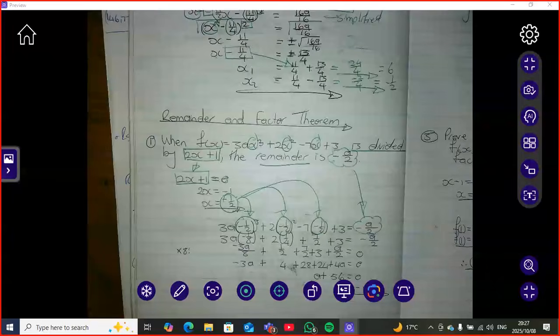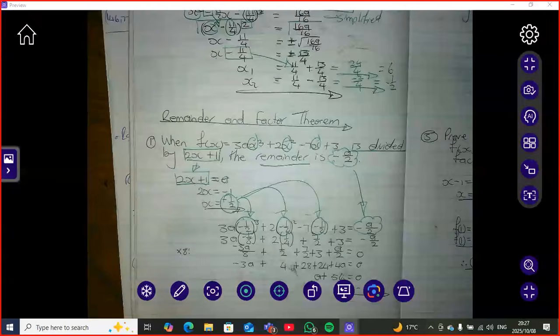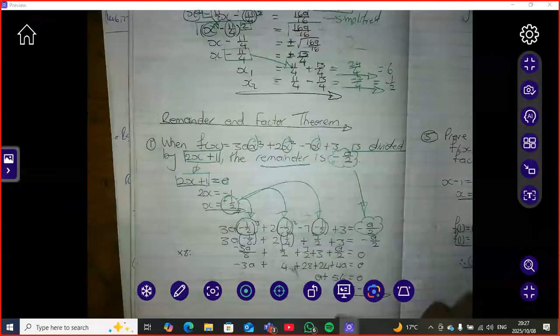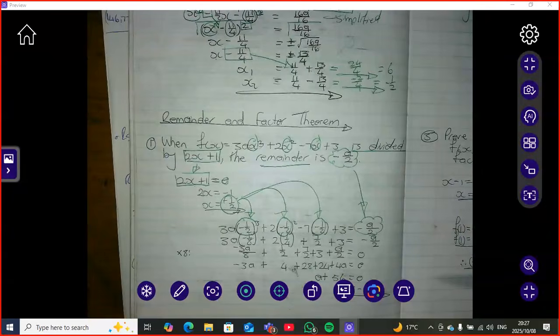So, calculator work. Don't try and use your head. You don't need to do all these steps like I did. I just did it to show you. But calculator, best friend ever.